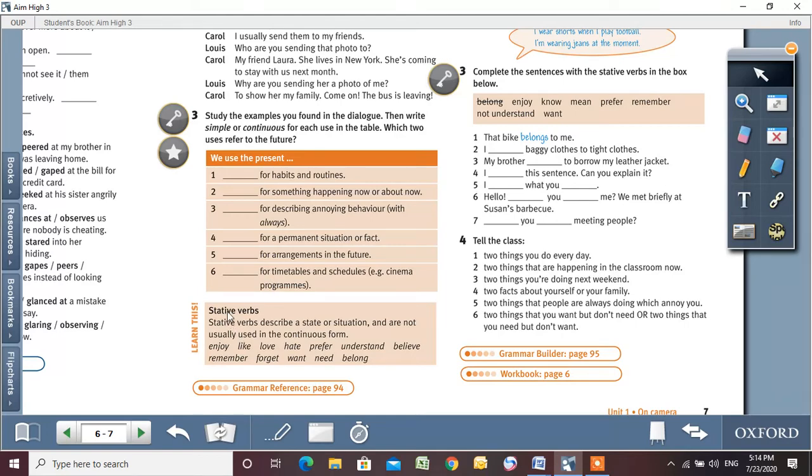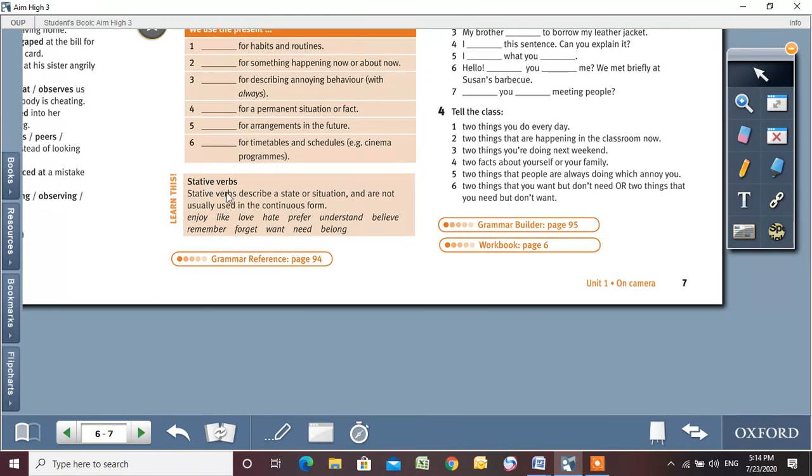What are the stative verbs again? Stative verbs describe a state or situation and are not usually used in the continuous form, except if they are expressing an action.